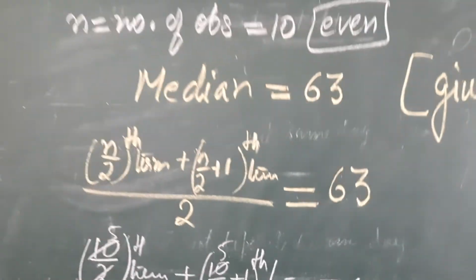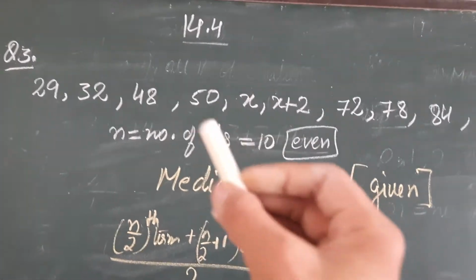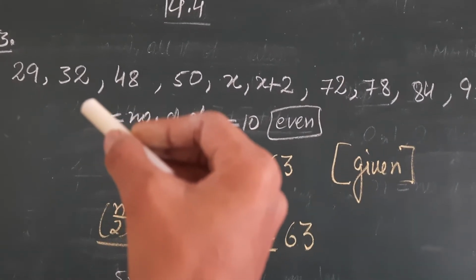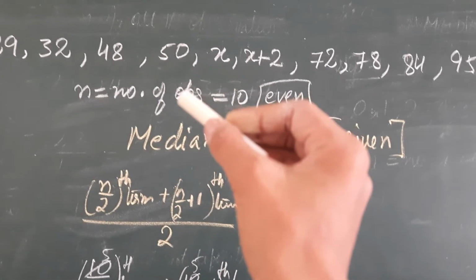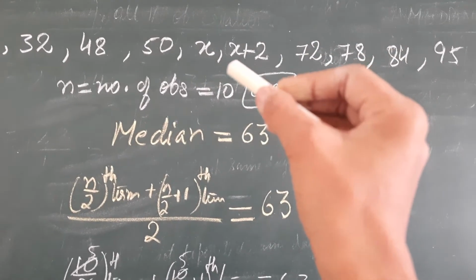Now let us look at the arrangement given to us. Let us see which is the 5th term and 6th. First 29, second 32, third 48, fourth 50, the 5th term is x and the 6th term is x plus 2.